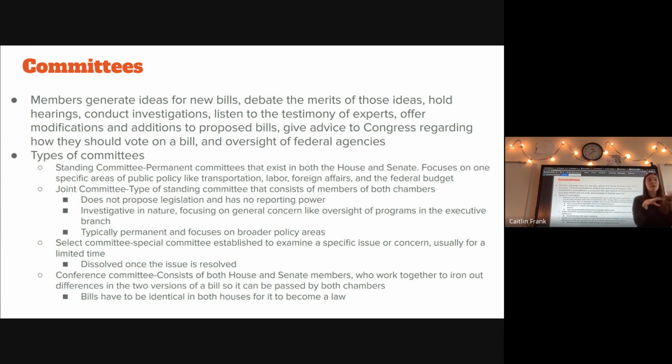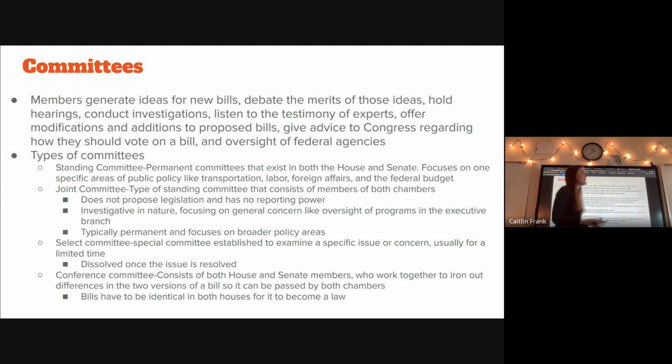There can't be any discrepancies in the version of the bill in the different branches. So a conference committee comes together to iron out differences in a bill before it gets sent back to the House and Senate for the final version to be passed. So both joint and conference committees include members from the House and the Senate, but they have very different purposes. The joint committee is for oversight. The conference committee is to iron out differences in a bill.